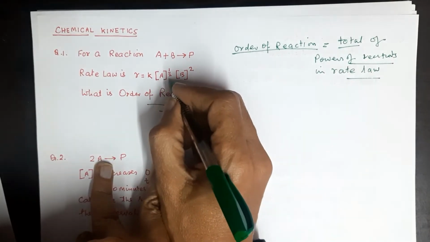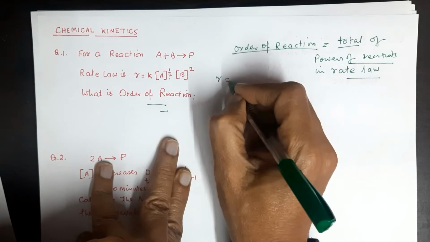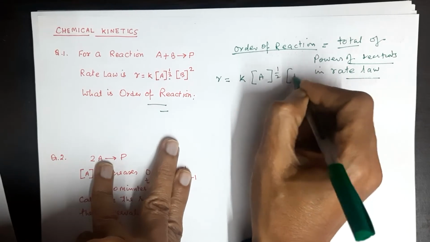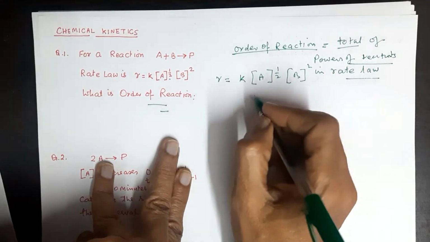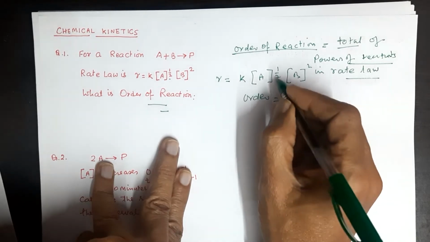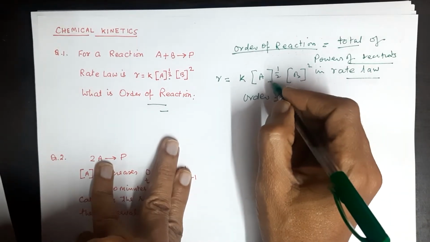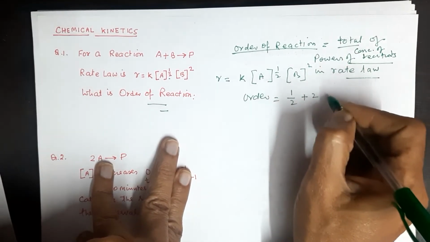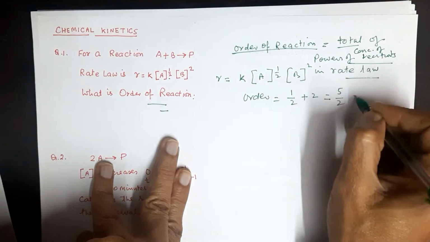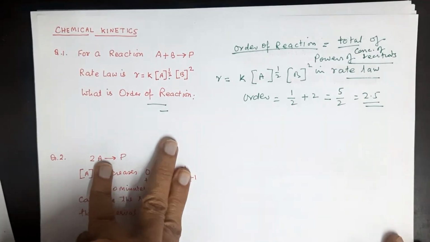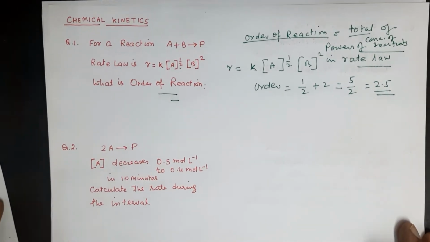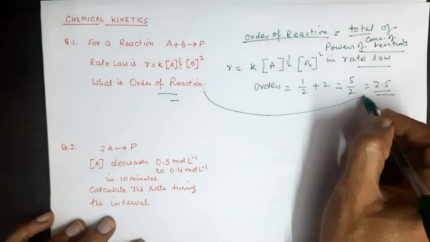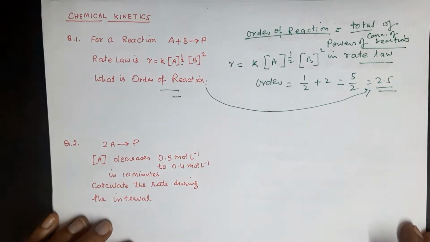So here the rate of reaction is R equals constant times A to the half times B squared, and order will be the sum of the powers of the concentration of reactants. Then it is half plus 2, and that is equal to 5 by 2, that is 2.5. So this is the order of reaction. This is the solution of the first question. Order of reaction is 2.5.